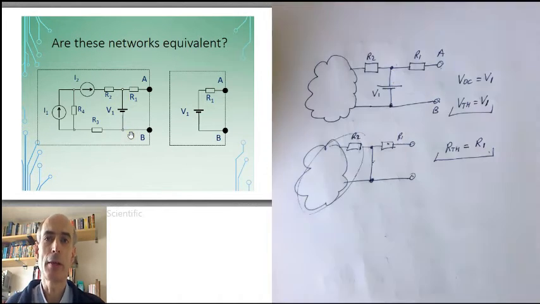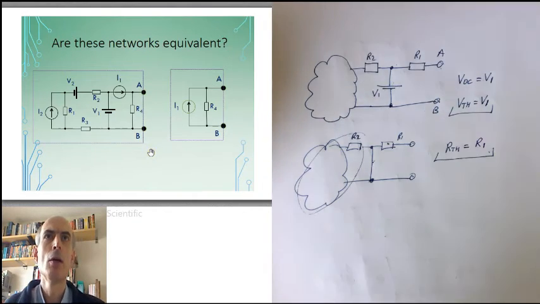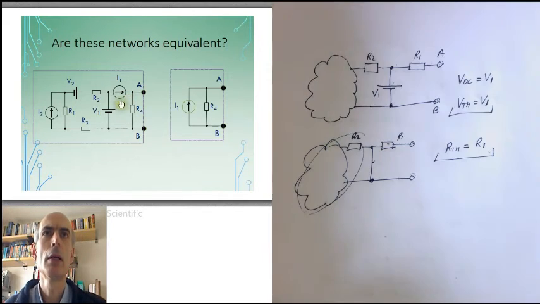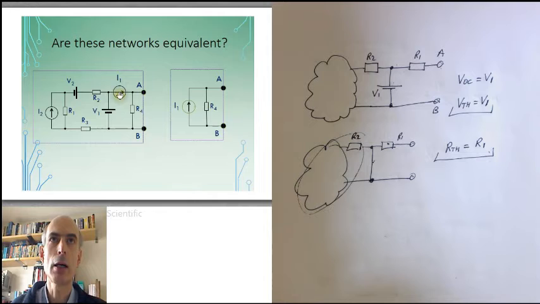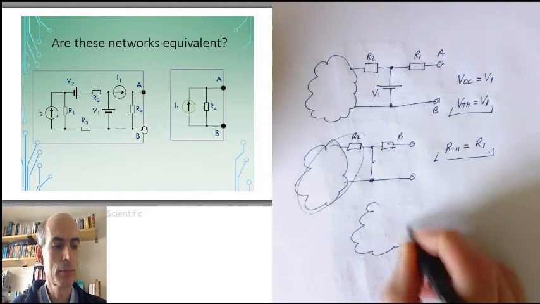A similar thing occurs for Norton's theorem when you have things in series with a current source. Consider this circuit here. Well, the short circuit current is just going to be I1 flowing directly out of A and back through B. It doesn't matter what you've got here.